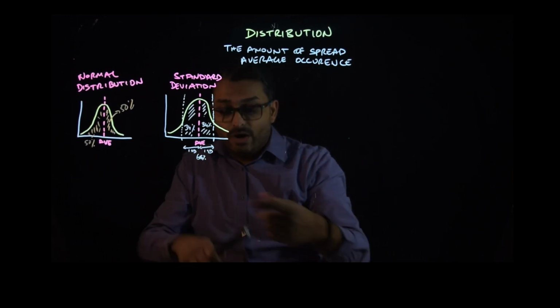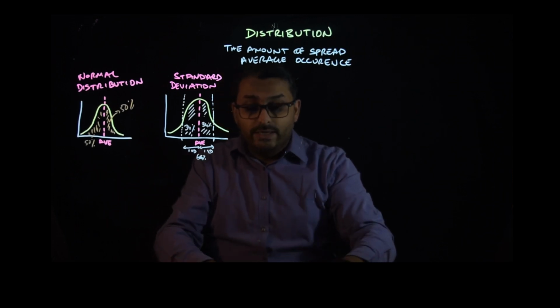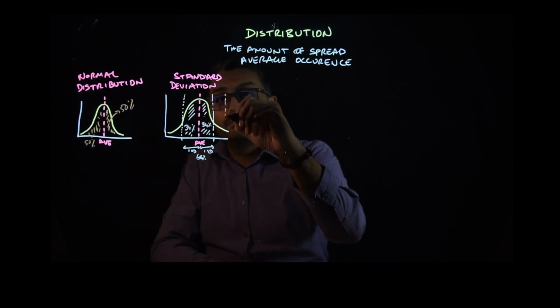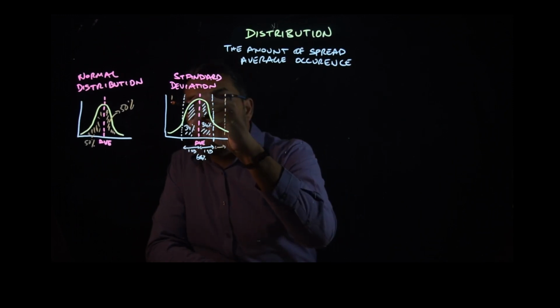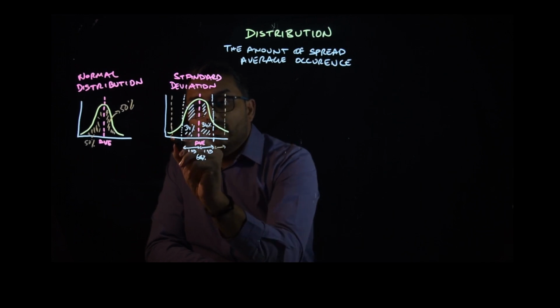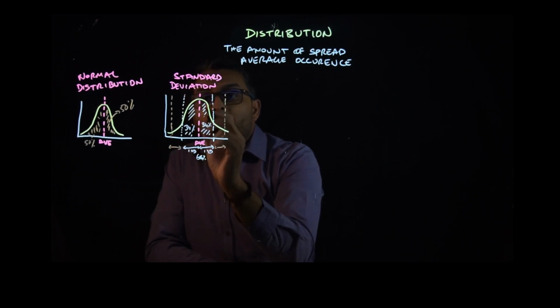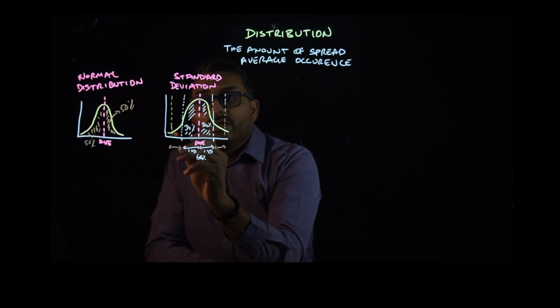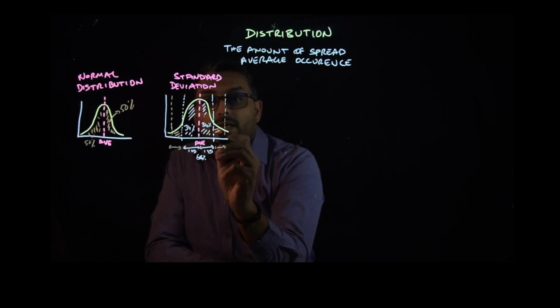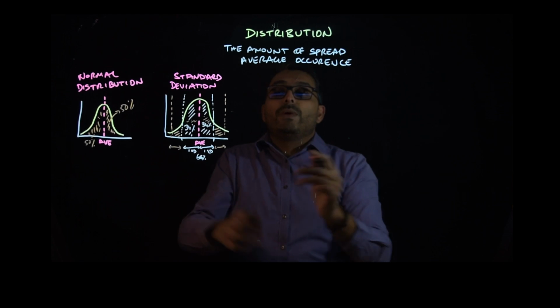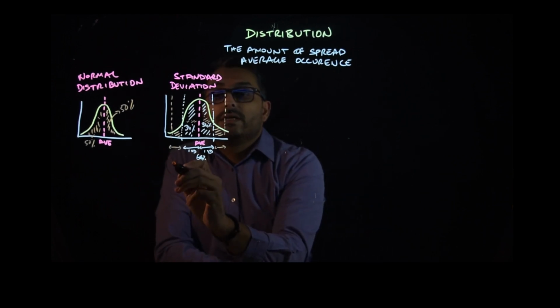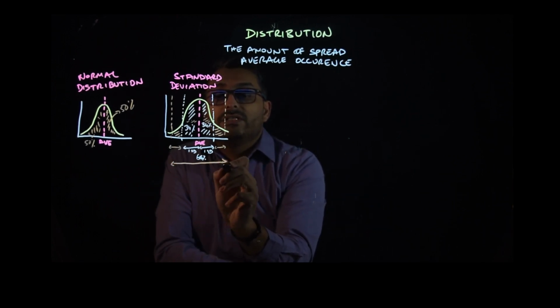And similarly, if we go out a bit wider, another standard deviation more, either side, then if we capture this portion and this portion together with all of this, then what we have across 2 standard deviations is 95%.